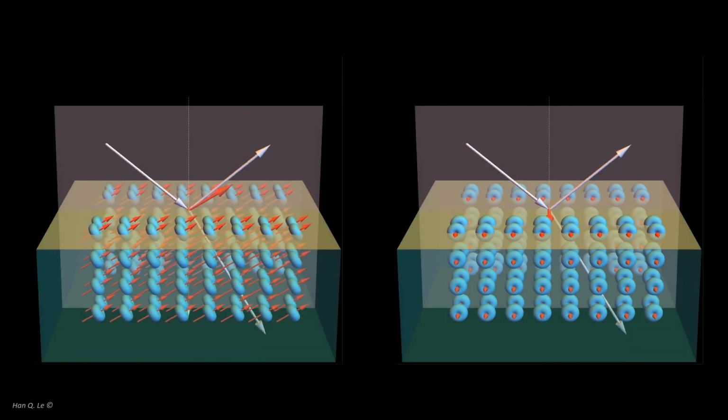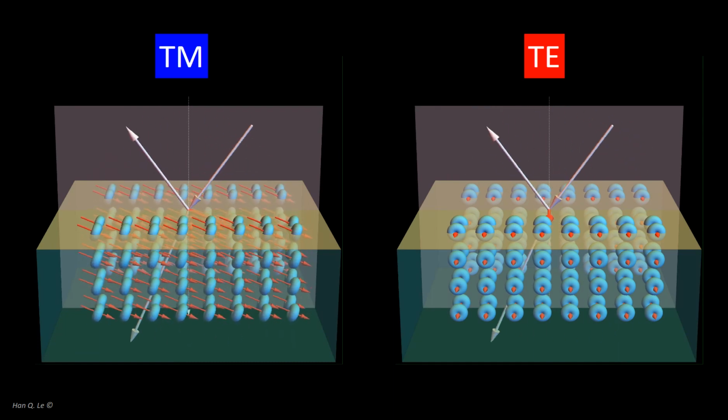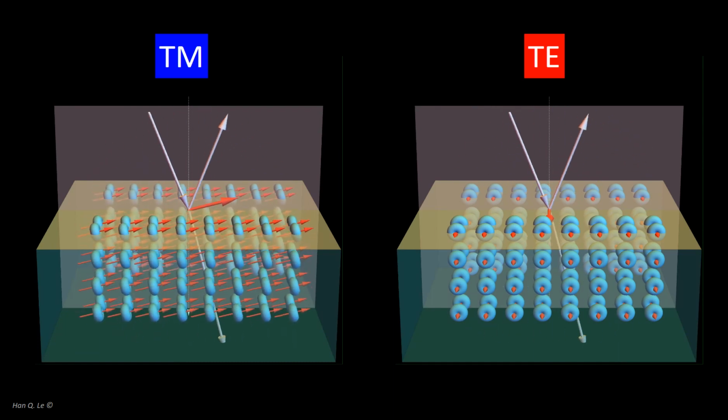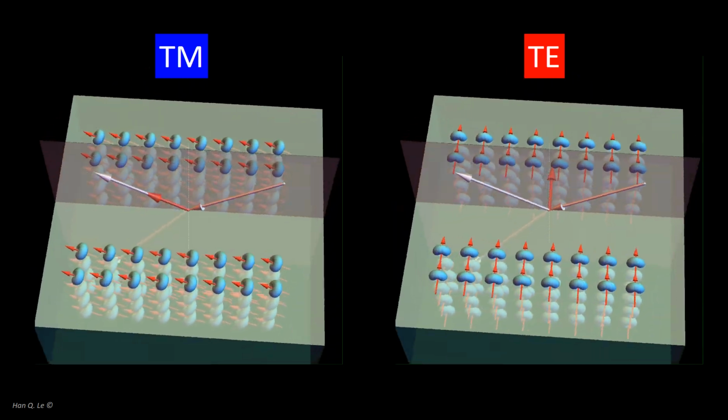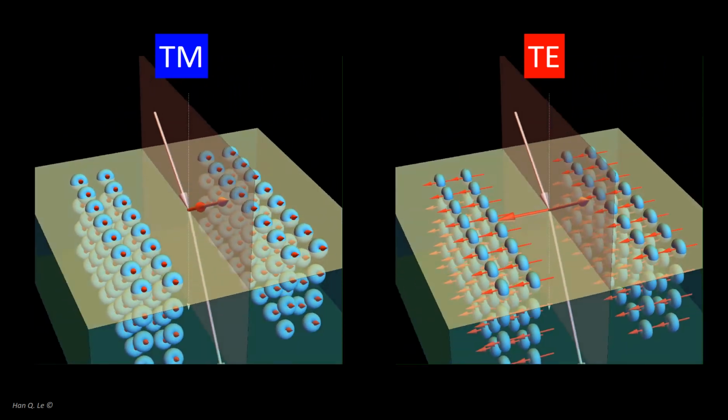In comparison, TE and TM reflection difference is thus based on a fundamental difference in the geometry of the E field and the induced atomic or molecular dipoles for the two polarizations.